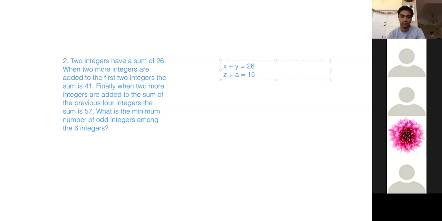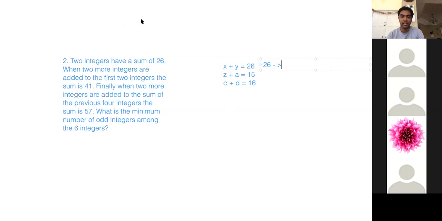So then they're trying to see the least amount of odd integers. So I just did 6 plus 10. And for 15, it can be odd plus even. So that's 1. And then for 26, I just did 12 and 14. So there's only 1 odd integer. Good.